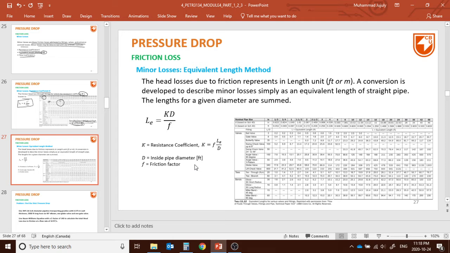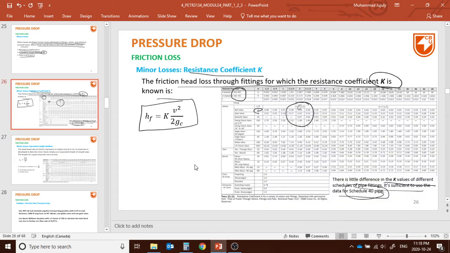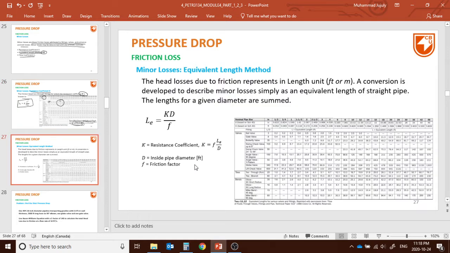Now let's see how we can determine the equivalent length.